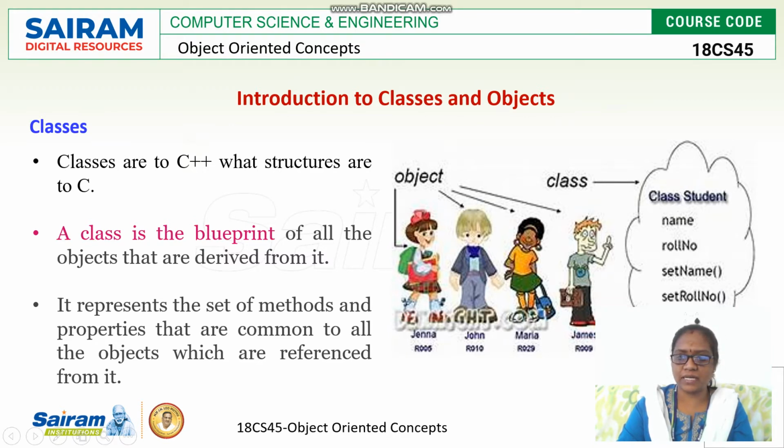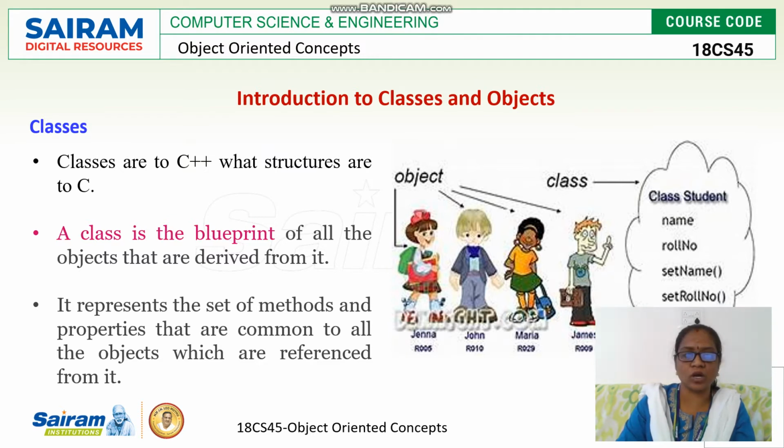We can see an example here. One class, the class name is student, and it has two properties, name and roll number, and two methods for assigning its name and assigning its roll number. Likewise, if you take one class, it is a blueprint of its objects.